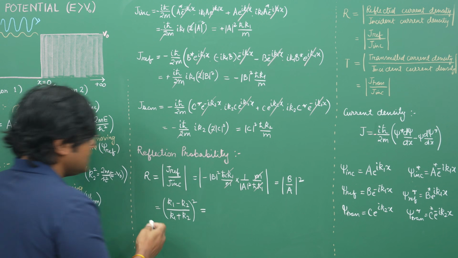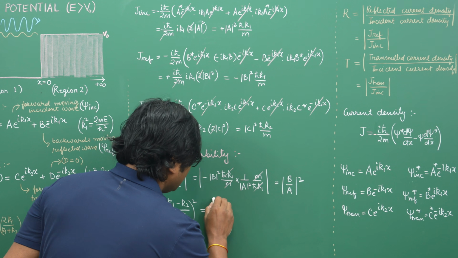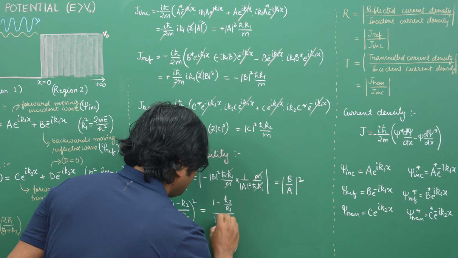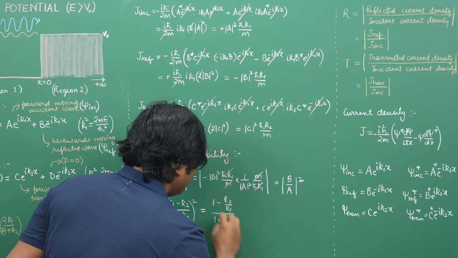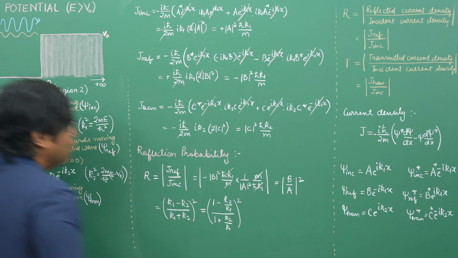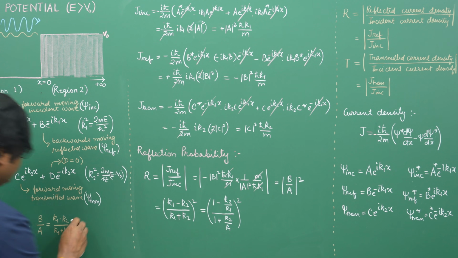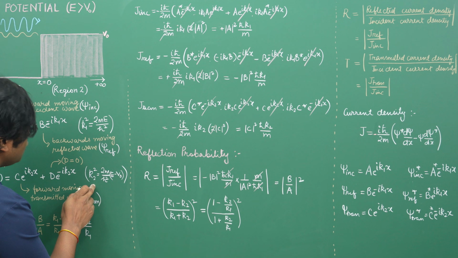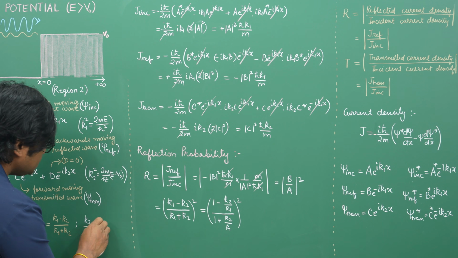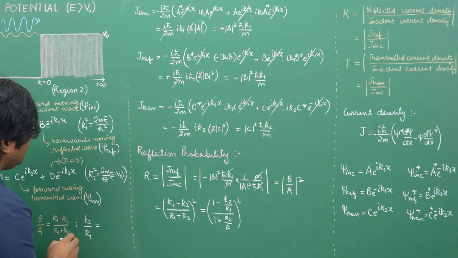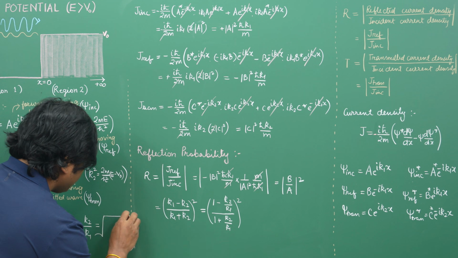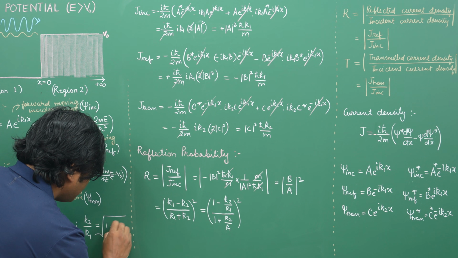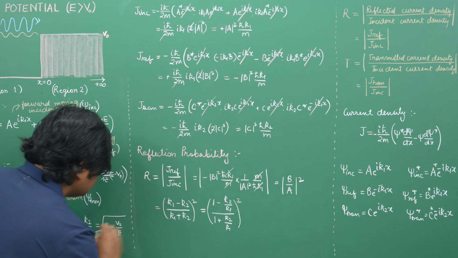So this can be written as, if I take K1 common and out, 1 minus K2 upon K1 divided by 1 plus K2 upon K1, whole square. But what is K2 upon K1? If you look here, K2 square upon K1 square, so K2 upon K1 is root over 2m upon ħ square, and the 2m upon ħ square gets cancelled, leaving E minus V naught upon E. So this is 1 minus V naught upon E. This is K2 upon K1.